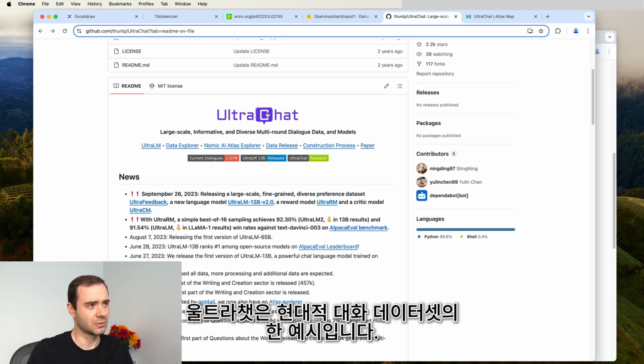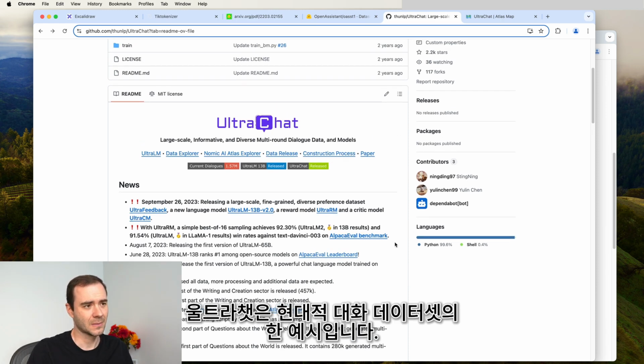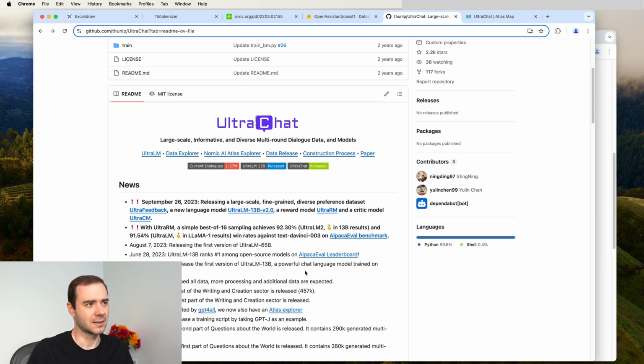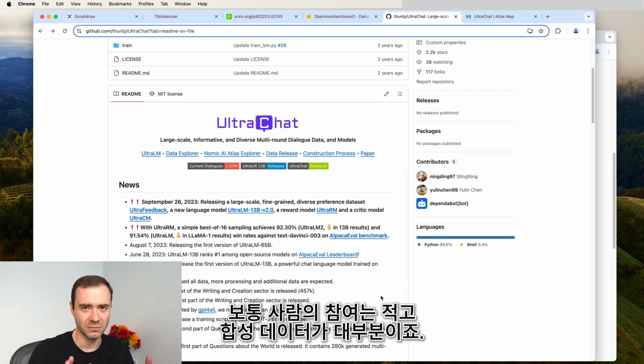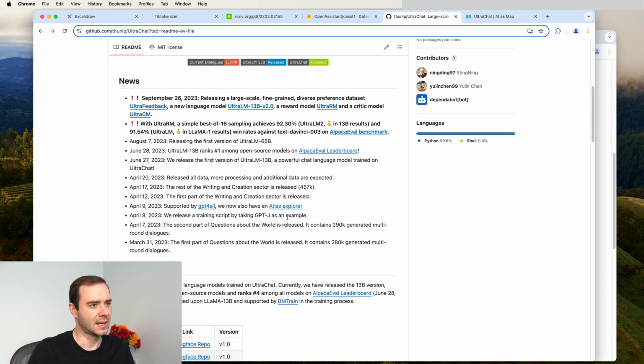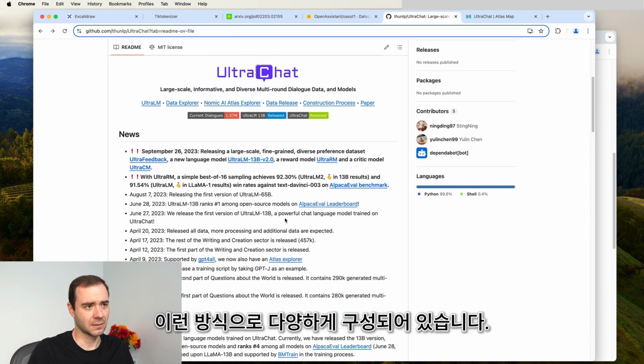So UltraChat is one such example of a more modern data set of conversations. It is to a very large extent synthetic, but I believe there's some human involvement. I could be wrong with that. Usually there will be a little bit of human, but there will be a huge amount of synthetic help. And this is all constructed in different ways.